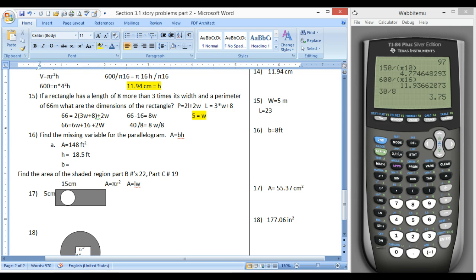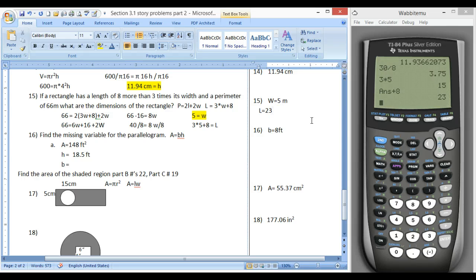So we know that 3 times the width, so I need 3 times 5, and we need to add 8 will give me the length. So 3 times 5 is 15, and then I need to add 8, which gives me 23.